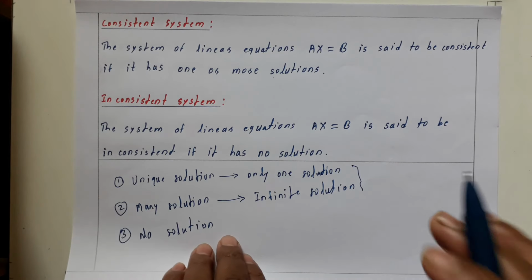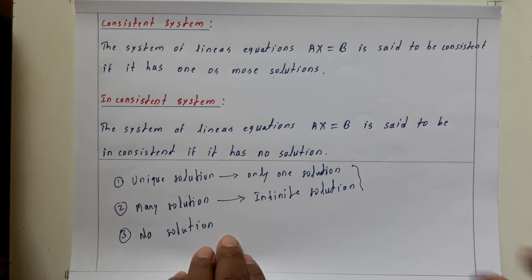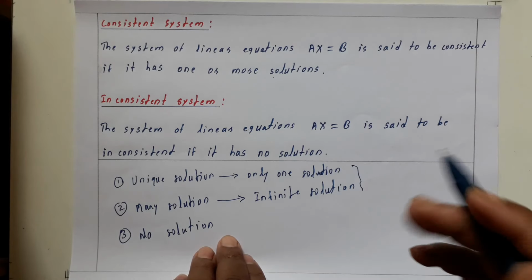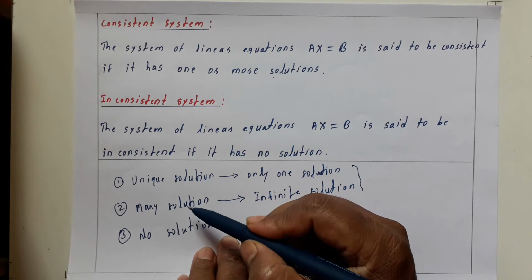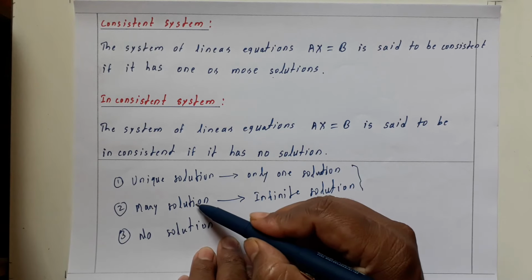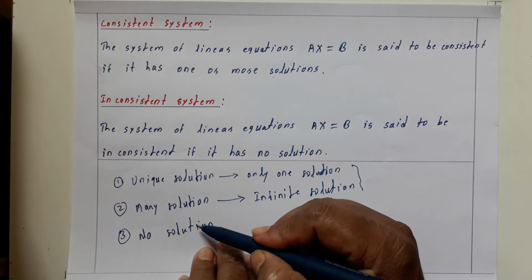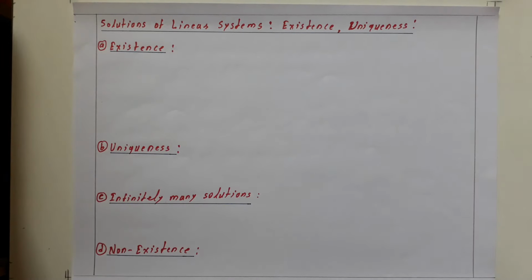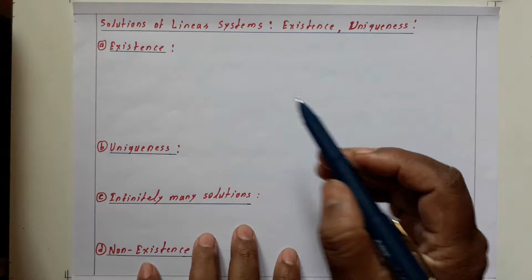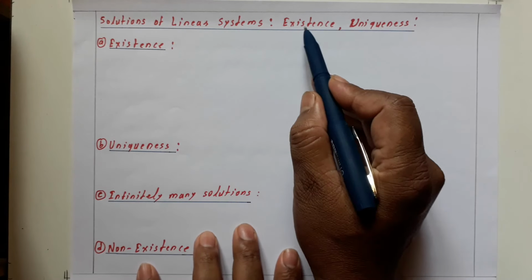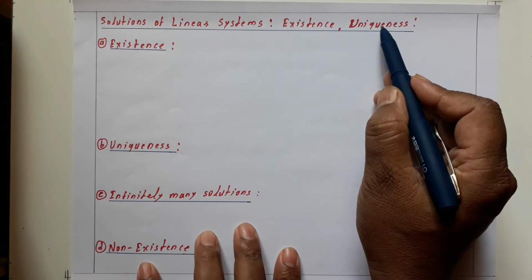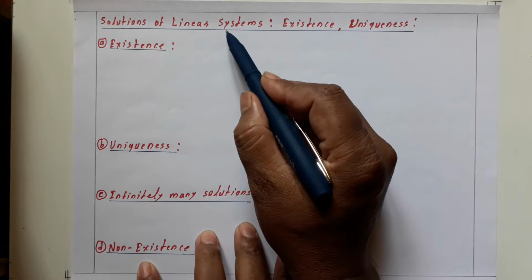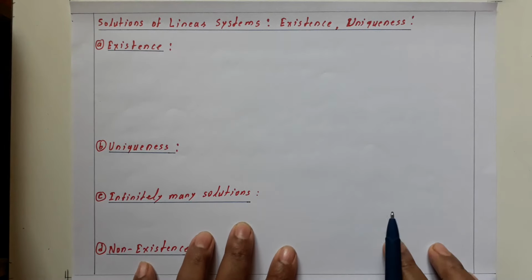Now, how can we find out whether this system has unique solution, many solutions, or no solution? So let us discuss the existence and uniqueness of solution of linear systems.